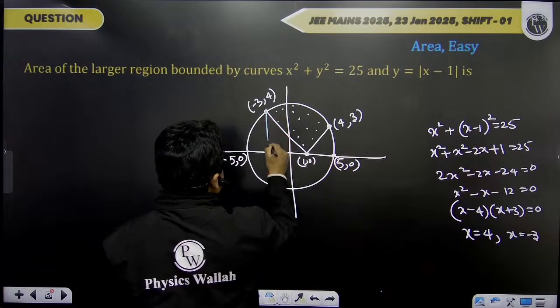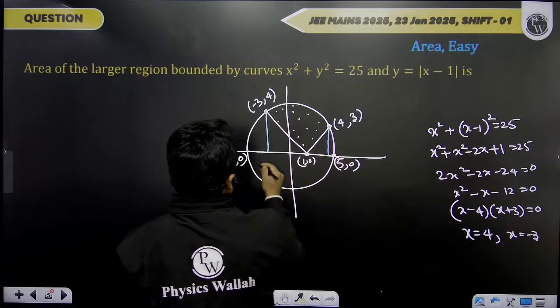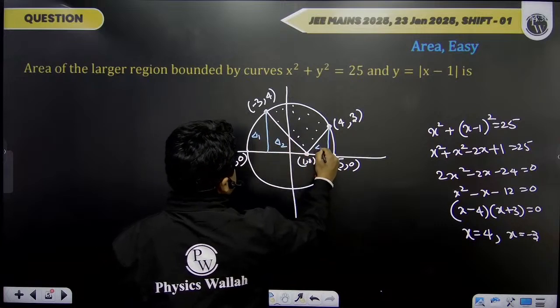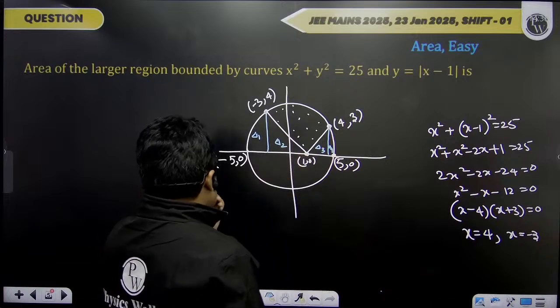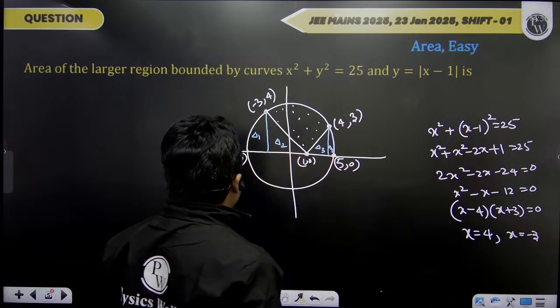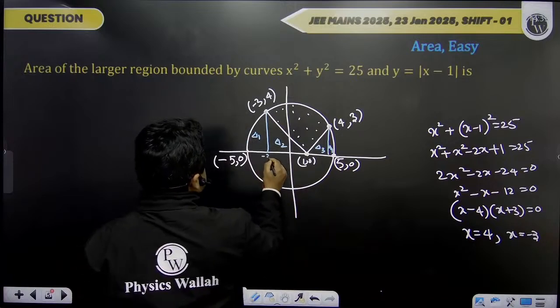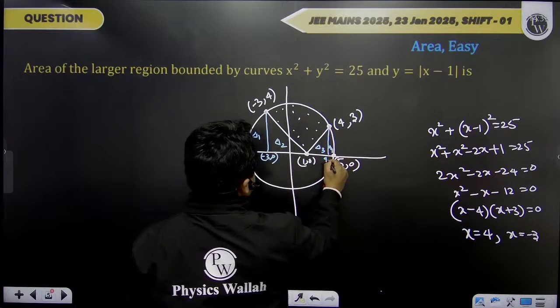So one part will be like this. Okay, so total 3 parts. So let's say this is delta 1, this is delta 2, this is delta 3, and this is delta 4. So delta 2 and delta 3 are easy to find because they are triangles. Obviously this point will be what? Minus 3 comma 0, and this point will be 4 comma 0, right?